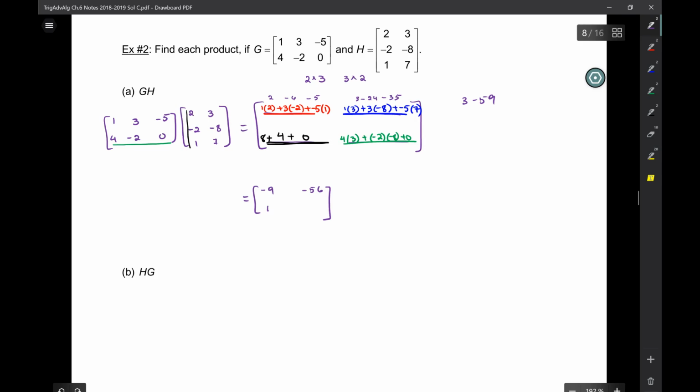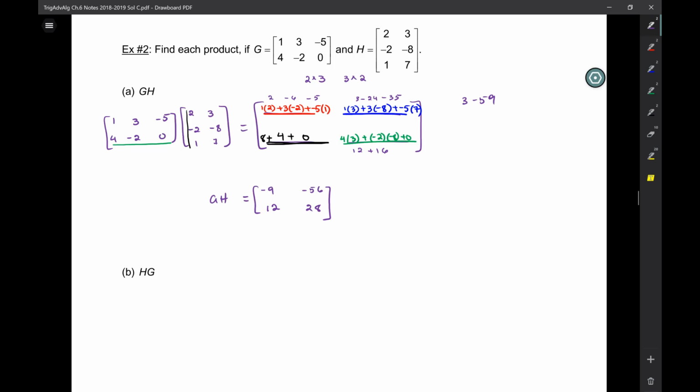Here I have 12. And for the green one, I have 12 plus 16, 28. And that's GH. That's pretty easy. It's not that bad.